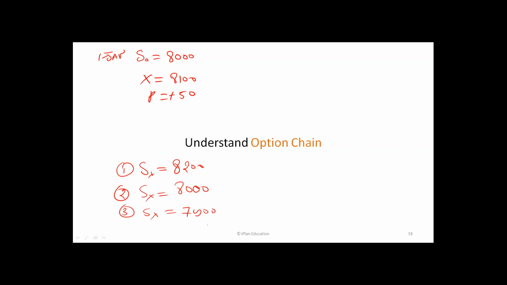In all 3 conditions, calculate and tell me. When we initiated the contract, the spot was 8,000, but we went into a contract for a price of 8,100, and the premium we paid was 50 rupees. Suppose we are buying a European call. I'll explain about European and American later.